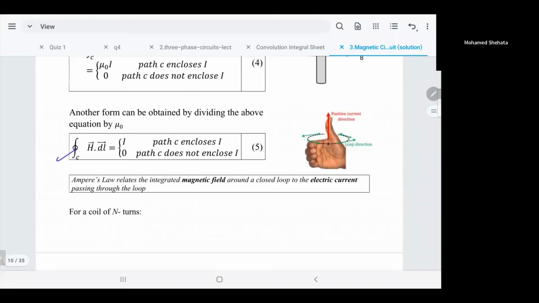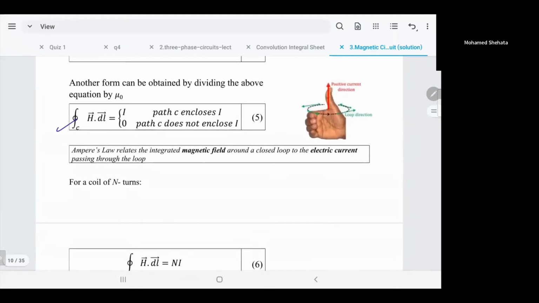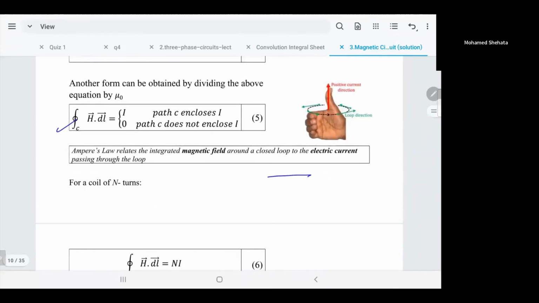You have current. Let's say you have a core made of iron, and you have a coil.